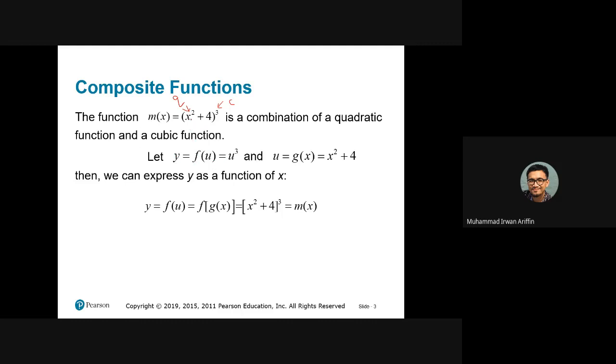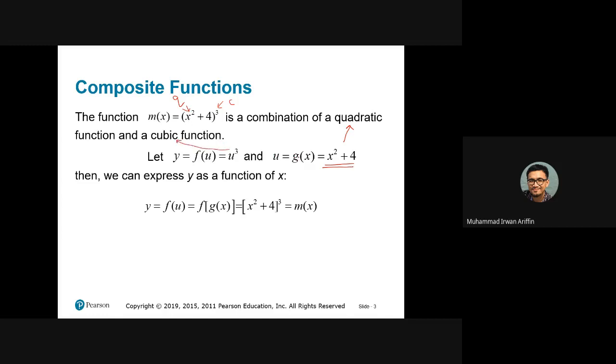If we were to rewrite this whole function, let's say all the terms inside the bracket we use the notation u. So the function now we can simplify to u to the power of 3. And what is u? u is simply x squared plus 4. So this is our quadratic function and this is our cubic function.